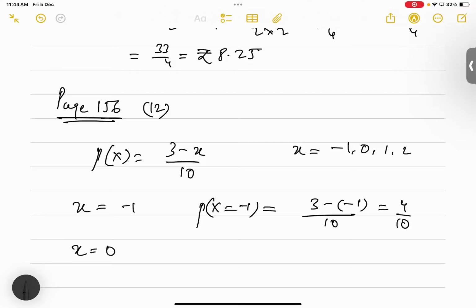When X is equal to 0, P of X is equal to 0, put X equal to 0 over here.